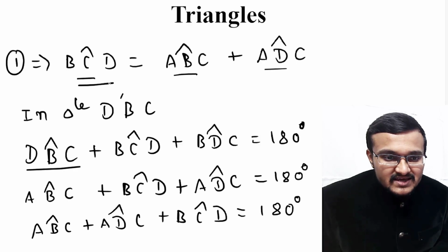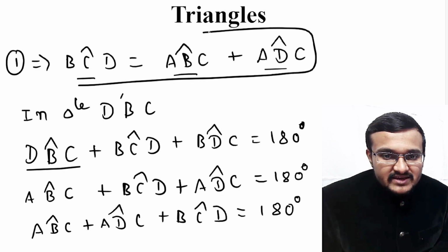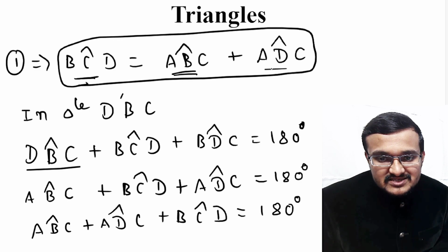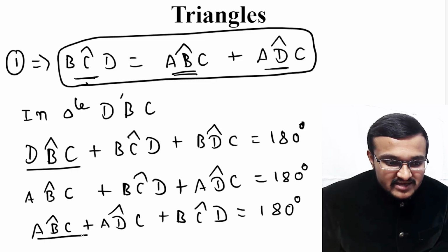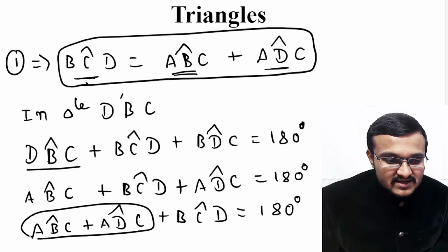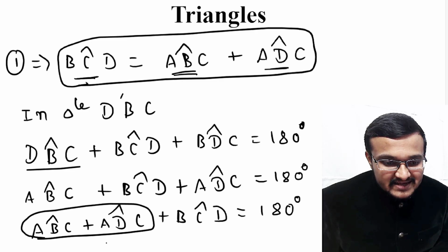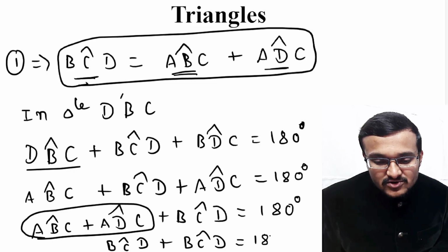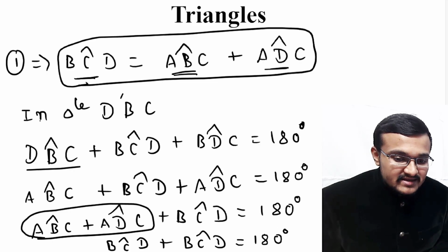Here you can see in equation 1, we have written BCD is equal to ABC plus ADC. So here also we have ABC plus ADC. So in the place of ABC plus ADC, I can write BCD. So BCD plus BCD is equal to 180 degrees.